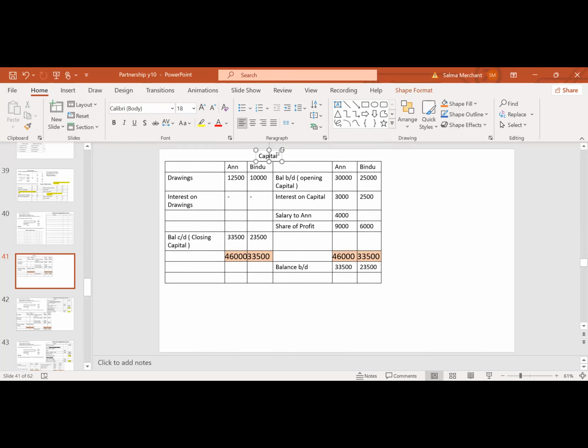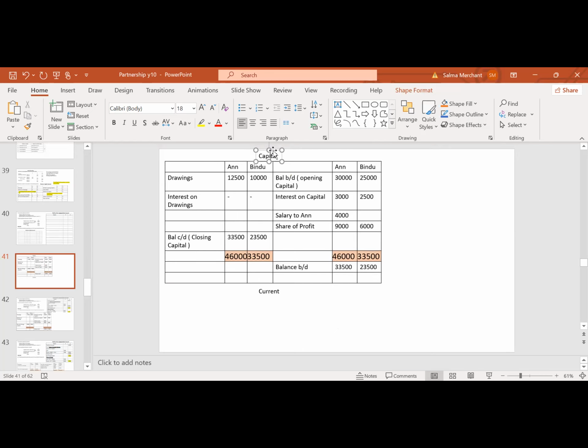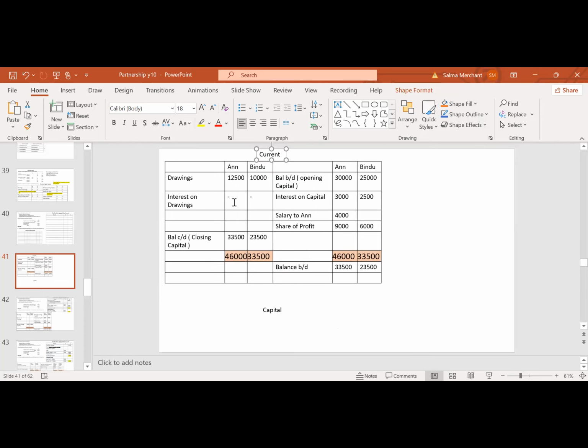So the partners will prepare two accounts: the first will be the capital account and the second will be the current account. The capital balance remains fixed.